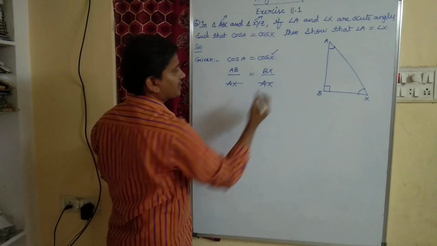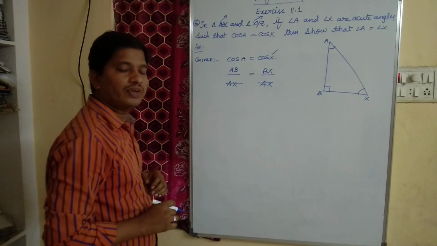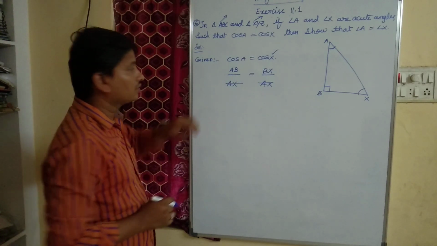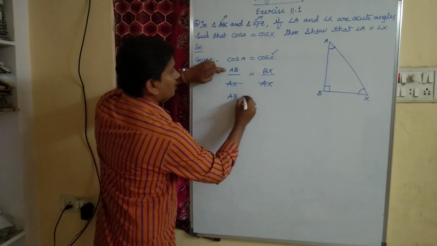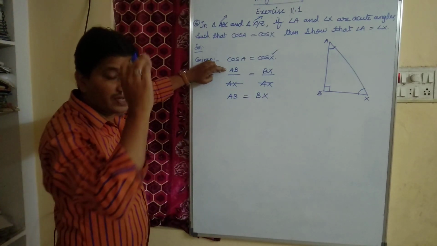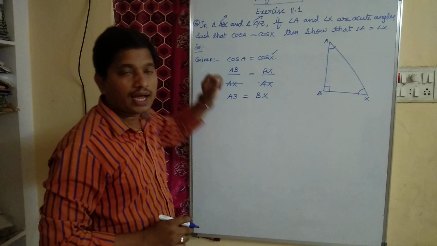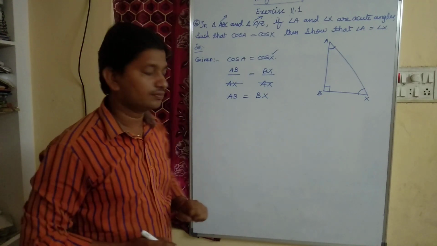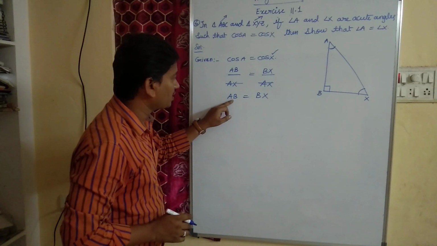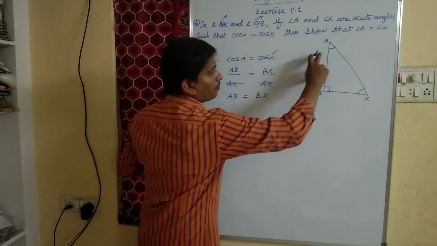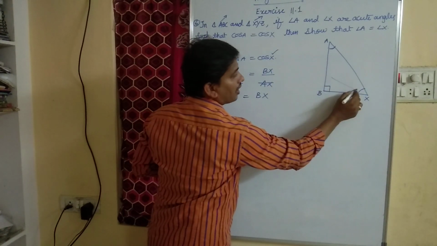So AX gets cancelled. We can directly cancel denominators if there is an equal sign. So we have AB equals BX. Children, as we learned in the previous class, angles opposite to equal sides are also equal. Can you tell me what is the angle opposite to AB? The angle opposite to AB is angle X, children.